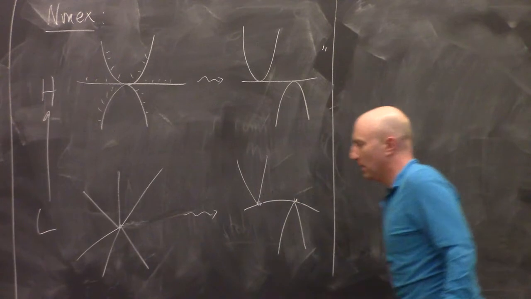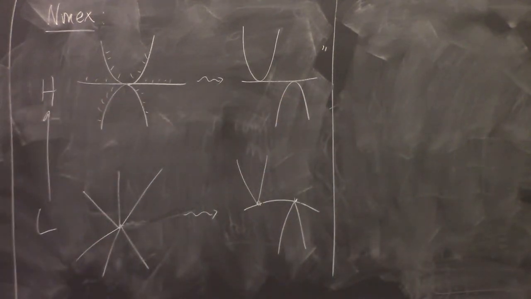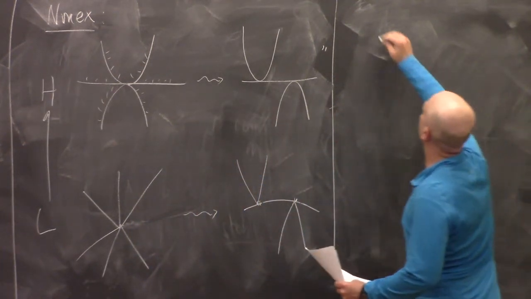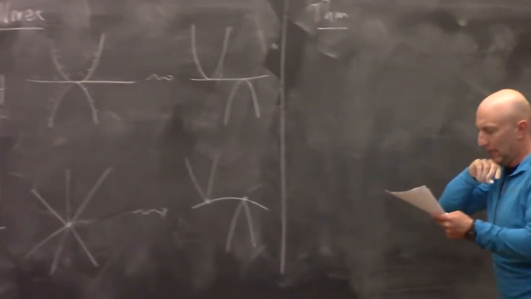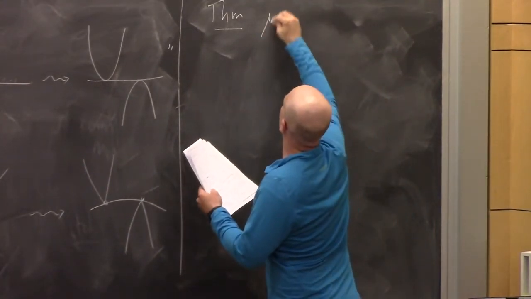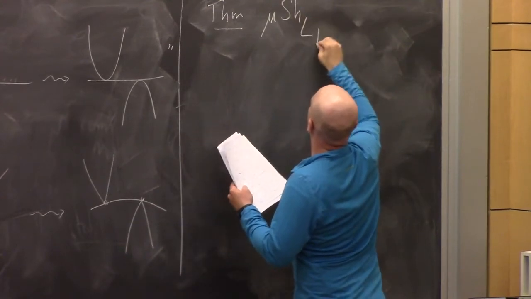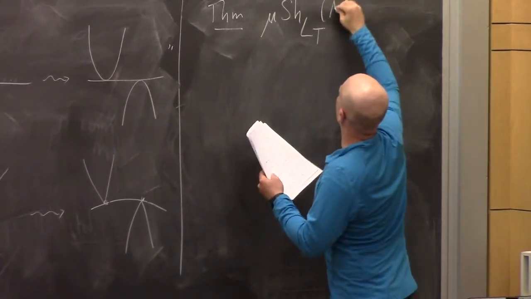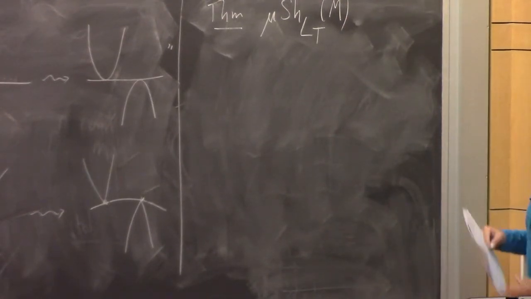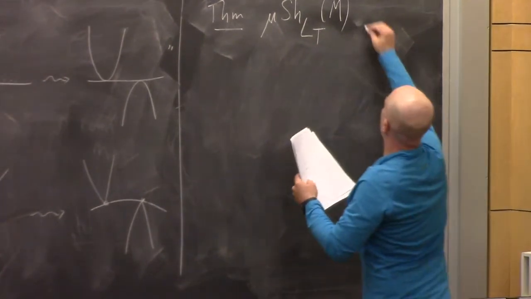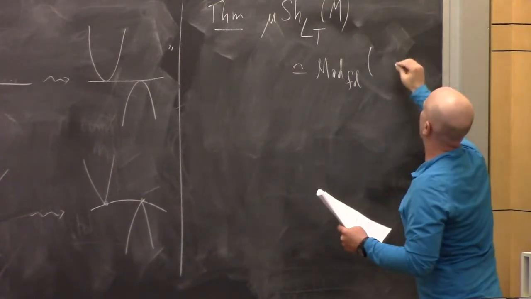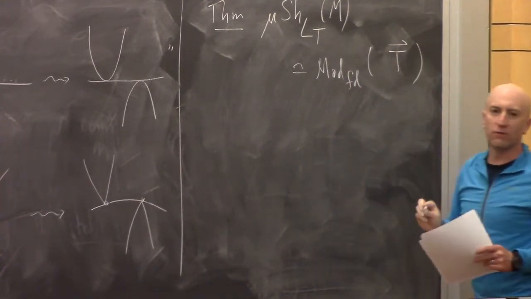The last thing I'd like to state before doing an example is a companion theorem, which makes the first theorem useful. The companion theorem says that if you look at microlocal sheaves on one of these arboreal singularities that we've constructed, this will in fact be equivalent to finite dimensional modules over the tree, where I pick any direction you like of the tree.